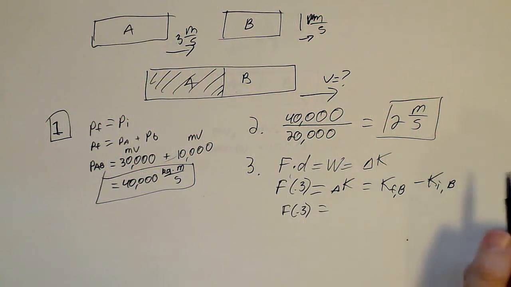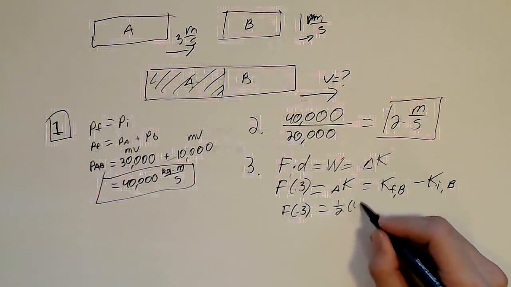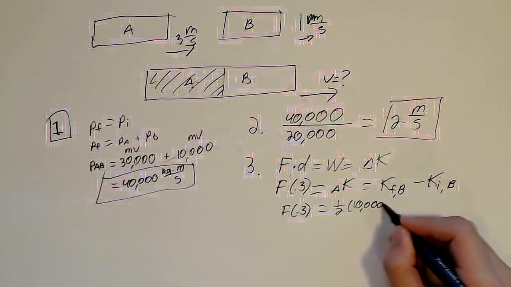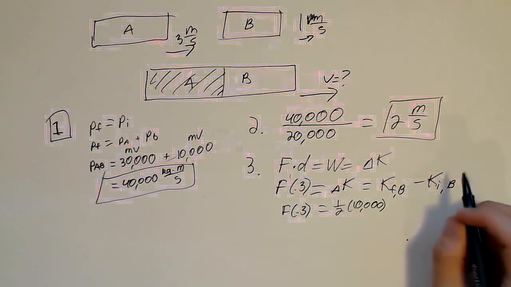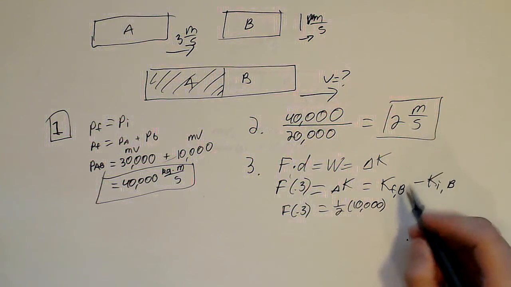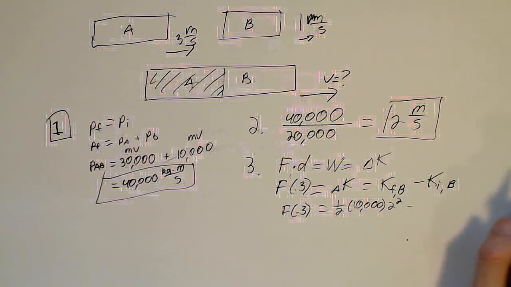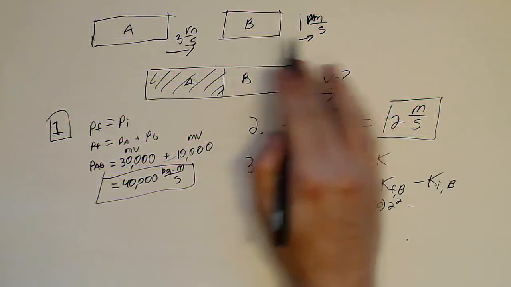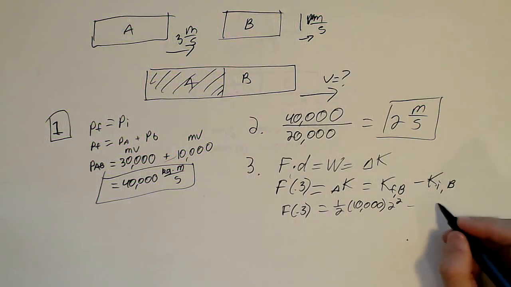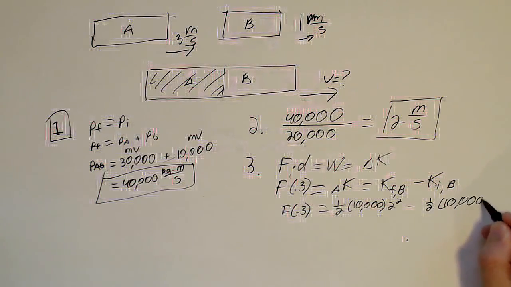K final of car B is 1/2 m, which is 10,000, 1/2 mv squared, and we know that the velocity of the combination of the cars is 2 meters per second. So it's going to be 2 squared. Minus the initial velocity of B, and initially it was moving at 1 meter per second, so that's going to be 1/2 of 10,000 times 1 squared.